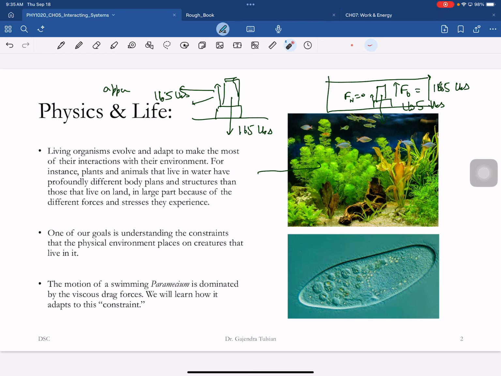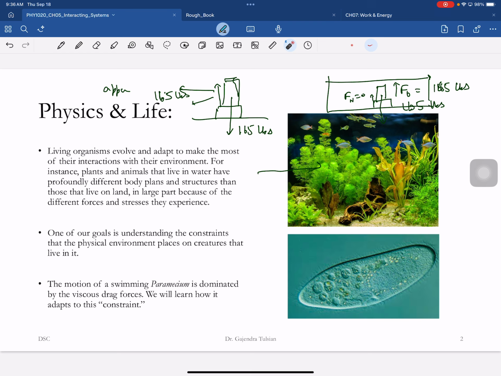The motion of a swimming paramecium is dominated by viscous drag forces. What does viscosity mean? Thickness of the fluid. Right, the friction exerted by the fluid. So if you were a paramecium living in water, it's like you trying to swim in honey. I can barely swim in water. That's right.